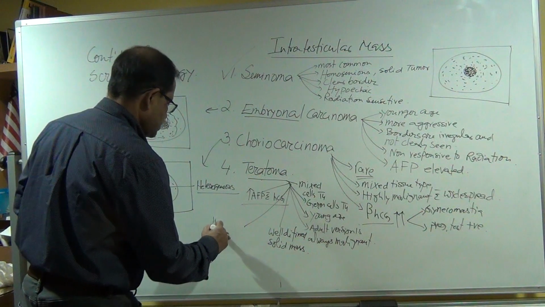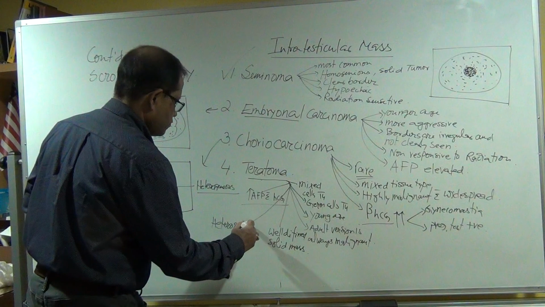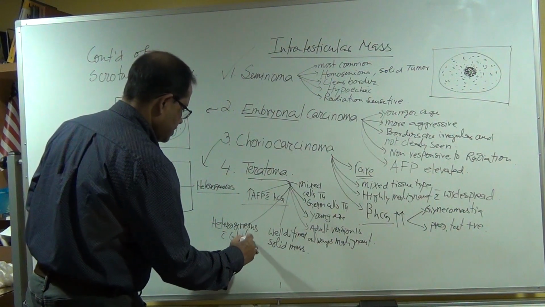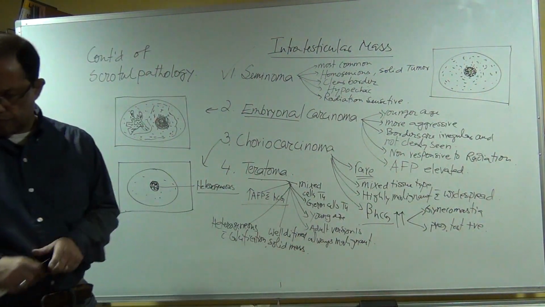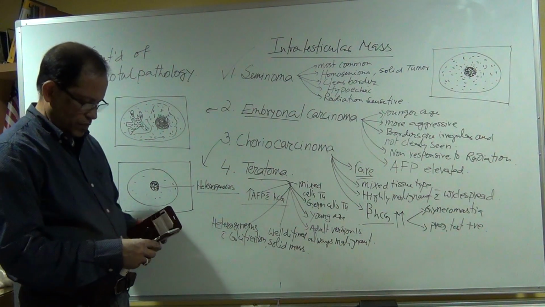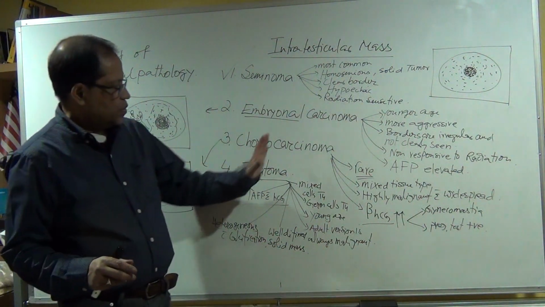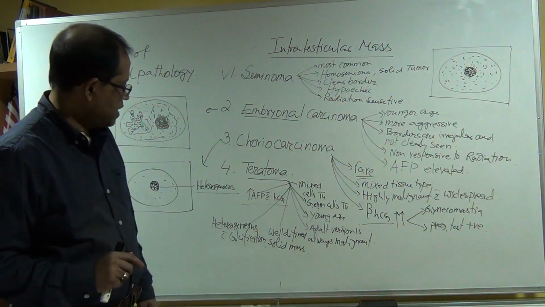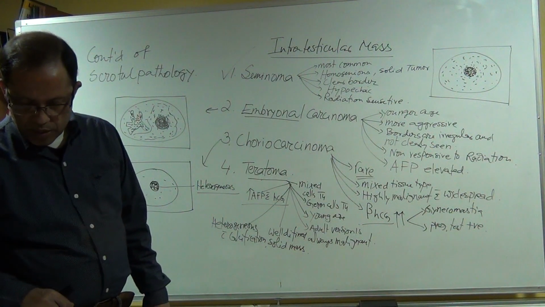It looks heterogeneous with calcification. Okay, just remember these 4 types of malignant germ cell tumors, then you will be fine. And now I will go over the prostate gland.